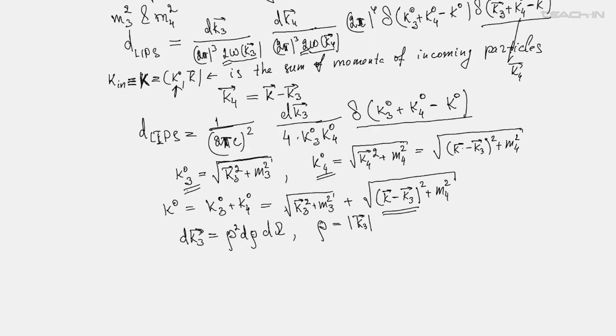As usual, d omega will be sine theta d theta d phi. So this is the solid angle, and rho is the modulus of k3. This is how the differential looks in the standard transition from Euclidean to spherical coordinates for the vector k3.